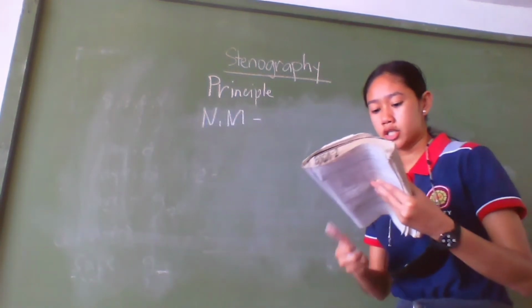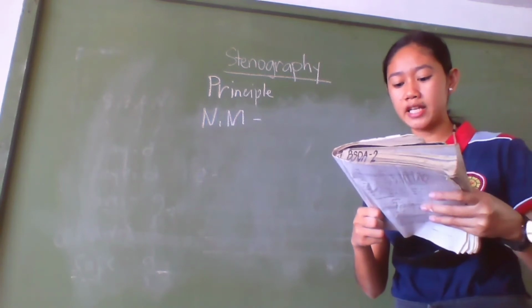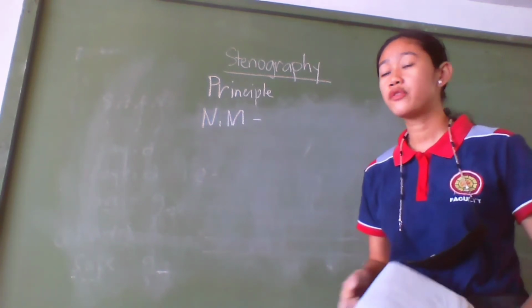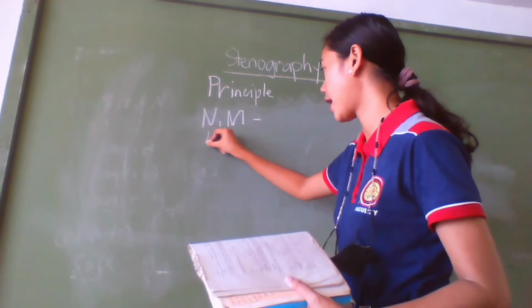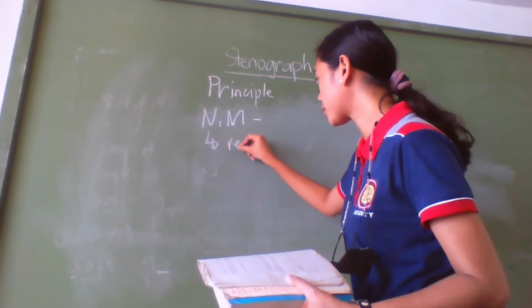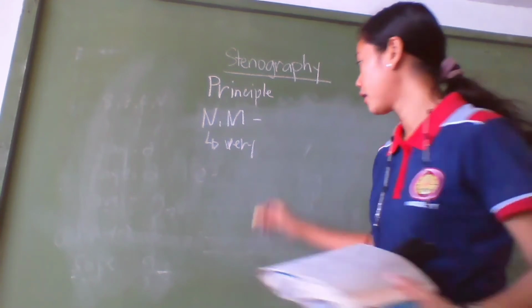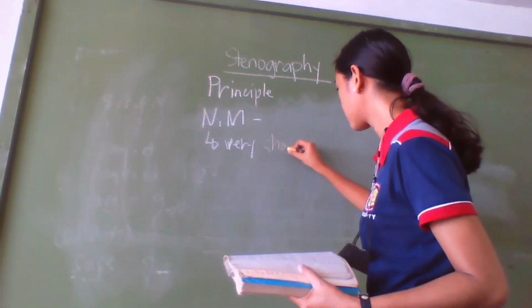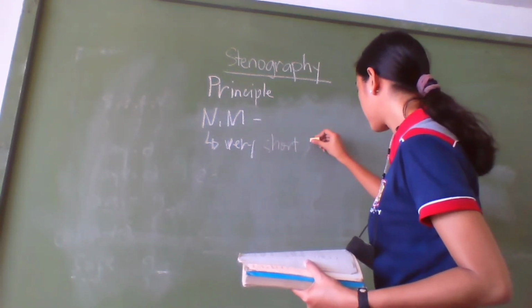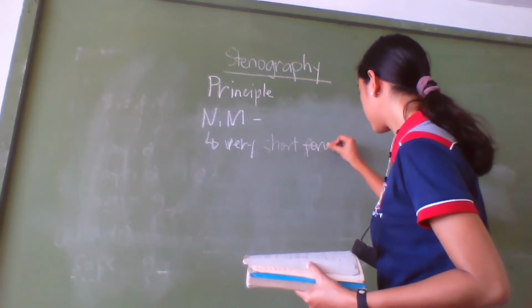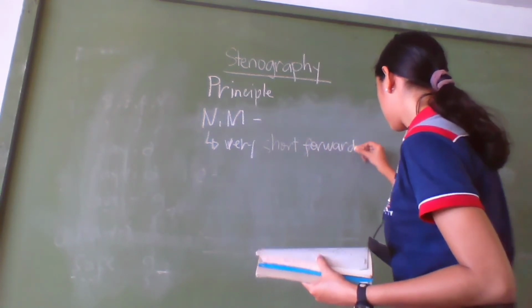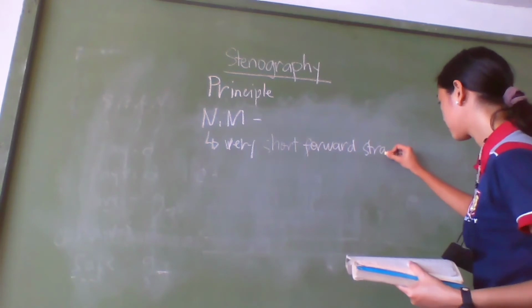Okay. So, the shorthand stroke for N is a very short forward straight line. Very short. Mauni siya ang principle sa letter N. Very short forward straight line.